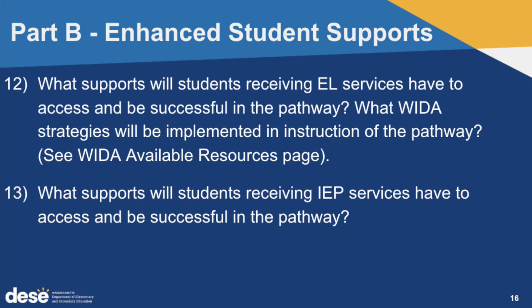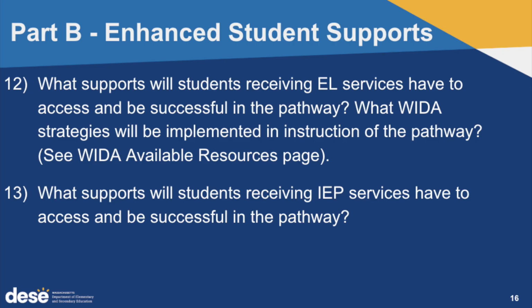Question 12 and 13 focus on the support needs of two specific student groups: English learners, including how WIDA strategies will be implemented in pathway courses, and students receiving IEP services, including how accommodations and modifications will be provided in the pathway.